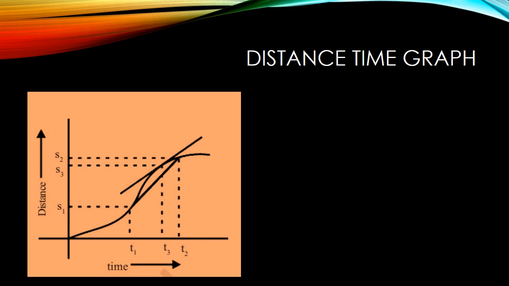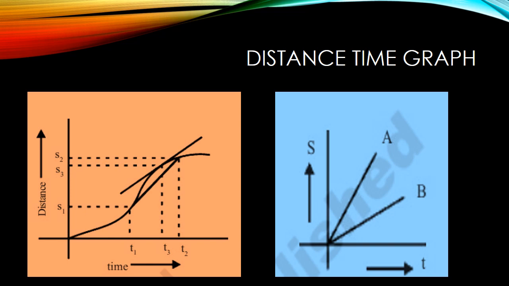If you want to take the distance traveled from S1 to S2 and the average speed between S1 and S2, then S2 minus S1 by T2 minus T1 will give you the average speed. Then how can you know the instantaneous speed? If you draw a tangent at any point, that will give you the instantaneous speed.